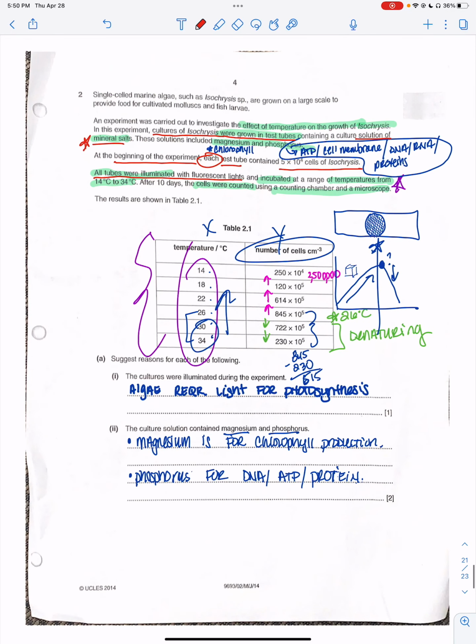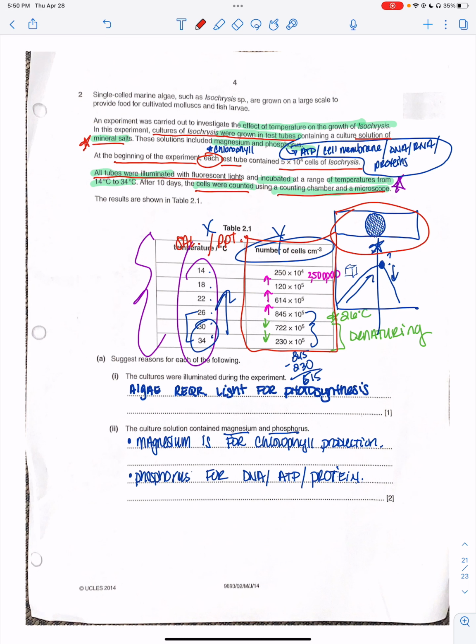Instead of them, the number of cells you're going to use, we're going to count them under the same method that they did. You're going to count the cells using a counting chamber and a microscope. You're going to maintain a standard temperature. So this is going to say, instead, salinity. And we measure salinity in parts per thousand.